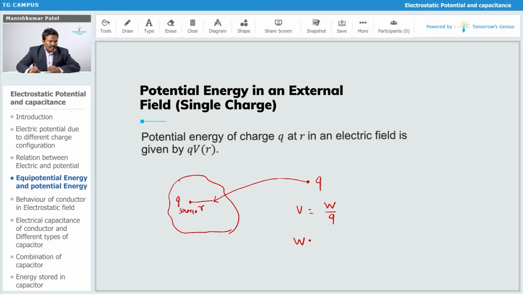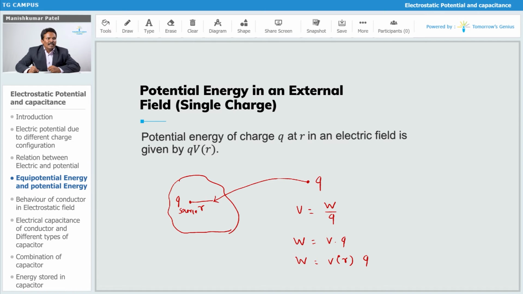So this work done is equal to V into Q. This V is the potential due to the source at a distance R. So you can write this as V of R into Q. This work done is saved in the form of energy, and we call it the potential energy due to a single point charge.